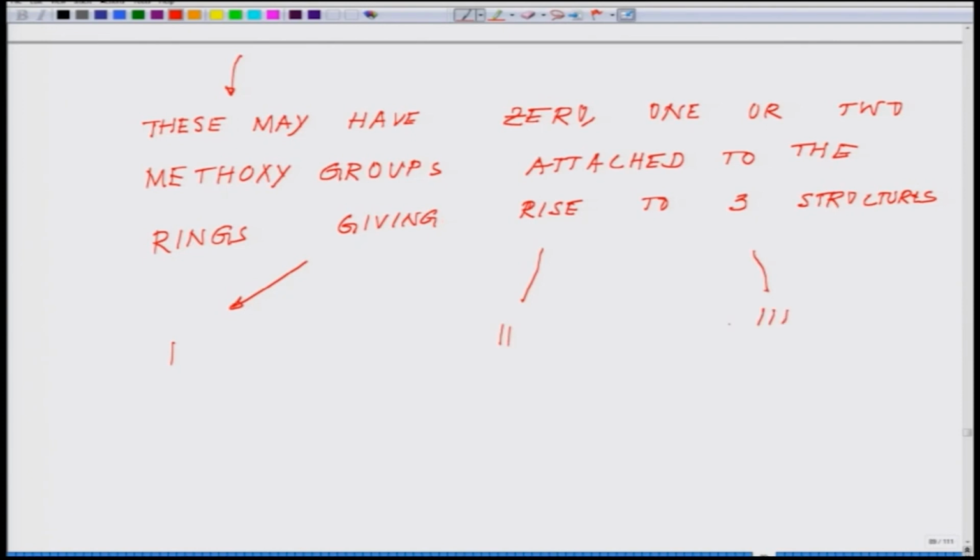It is very interesting to note that type 1 kind of lignins are present in the grasses, type 2 is present in the woods of conifers, and the third kind, type 3, is present in the deciduous woods.